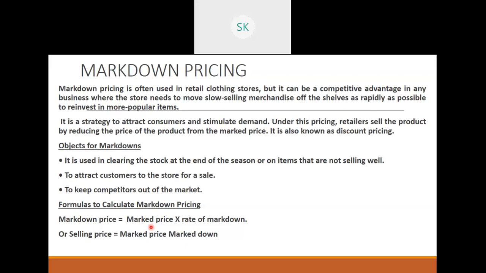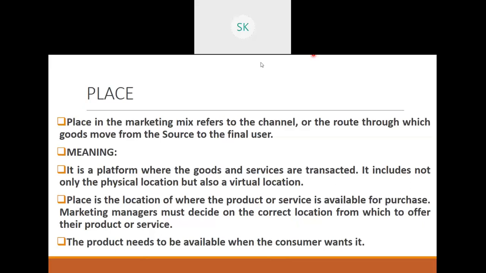Rate of markdown is nothing but the discount percentage. Now 600 into 50% will give me 300. So that will be the markdown price or selling price. I hope everybody understood markdown pricing also. Anybody has doubt in markdown pricing?